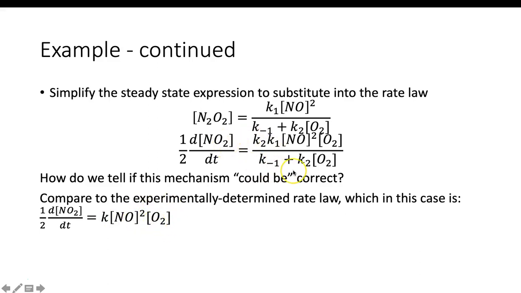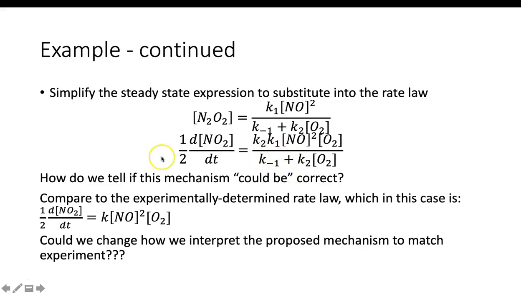And clearly this does not match that particular rate law, right? We have this denominator here that's not working. So is there some way we could change how we interpret the proposed mechanism on the previous slide to match this experimental rate law? I will leave that for another time.